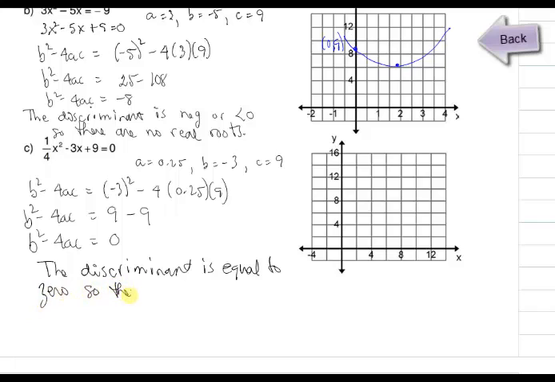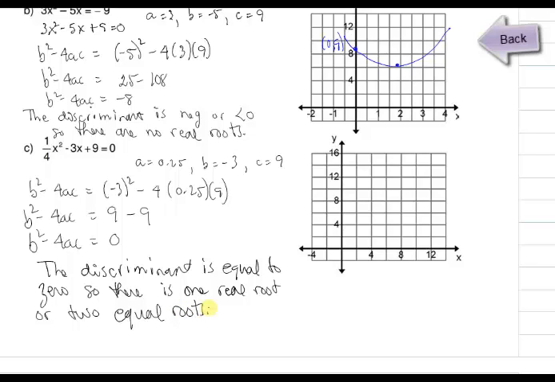So there is one real root, or two equal roots. Okay, and I'll explain what that is in a minute. But right now I'm going to graph.